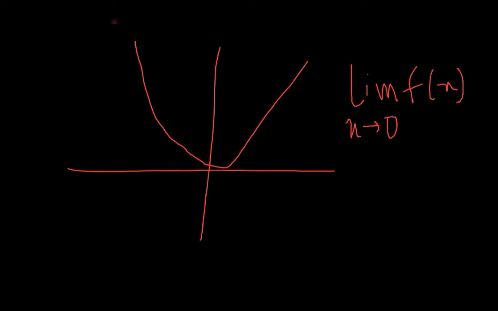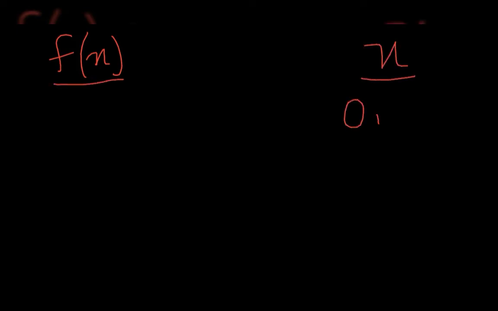Now if you see this closely, let's say I will take f of x equal to, this is f of x, this is x. Let's take x equal to 1.1. What is that? 0.001, sorry, 0.01.